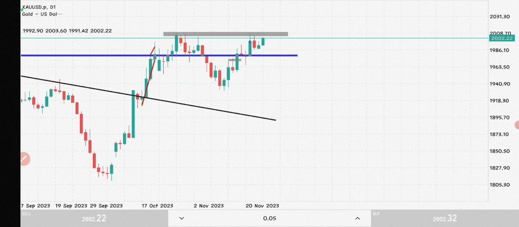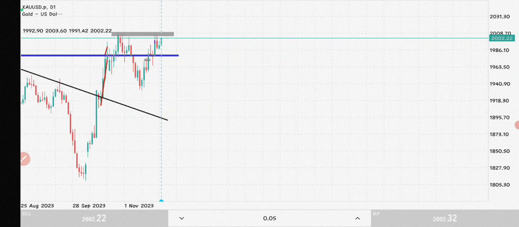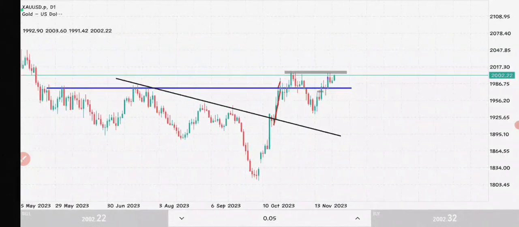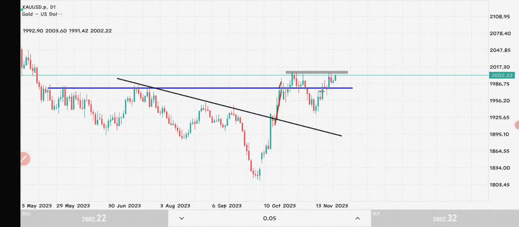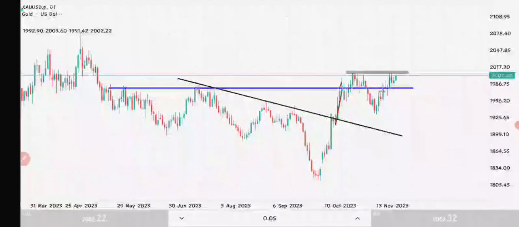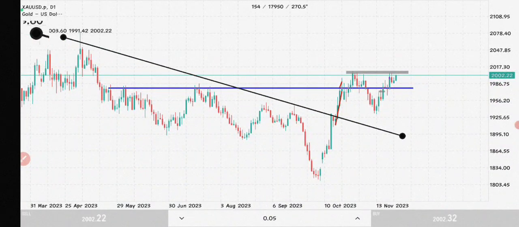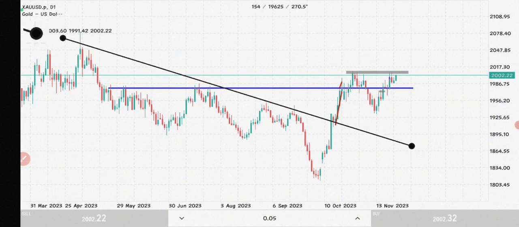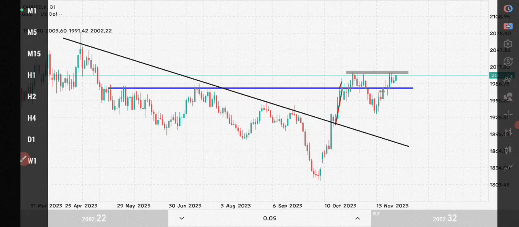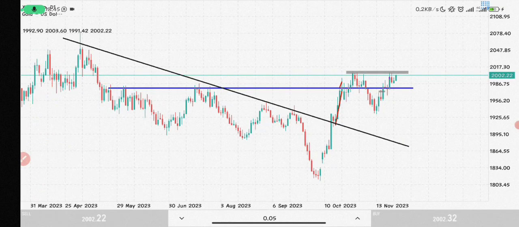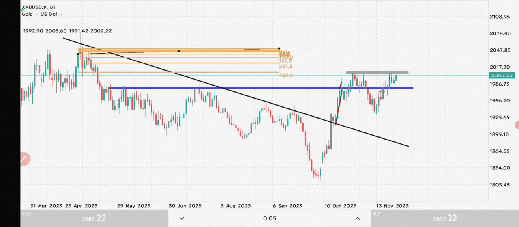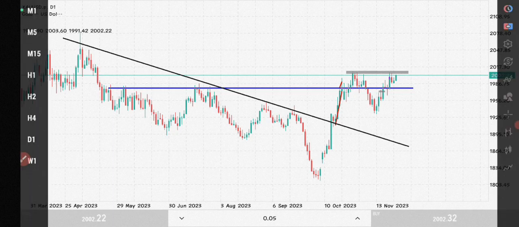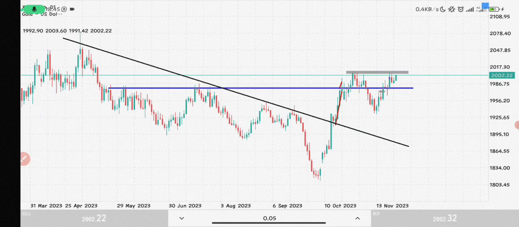So that is what we are expecting in the coming days. Then if the market is able to do that, we can also see the confirmation from here. Then we will be expecting that the market should hit this zone.